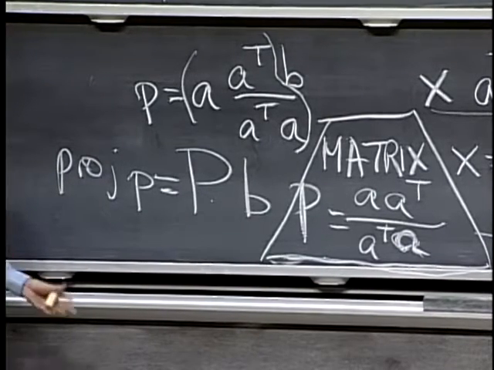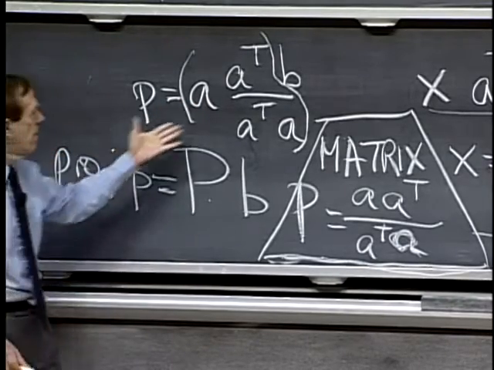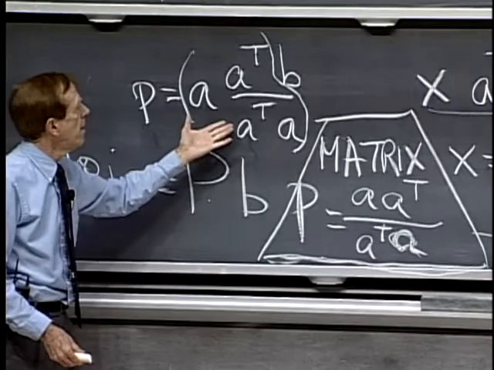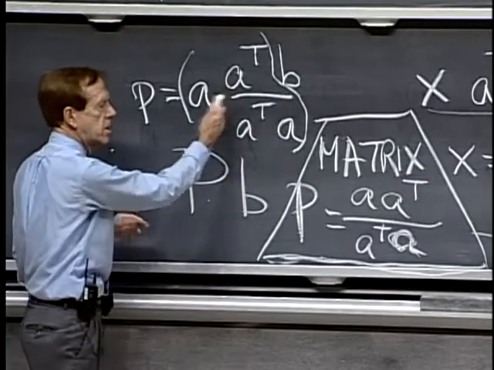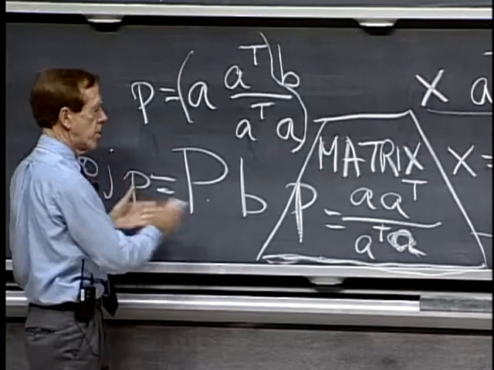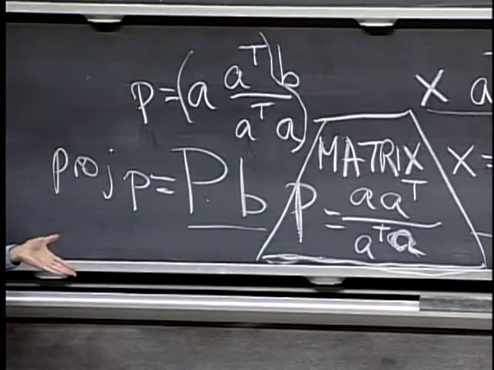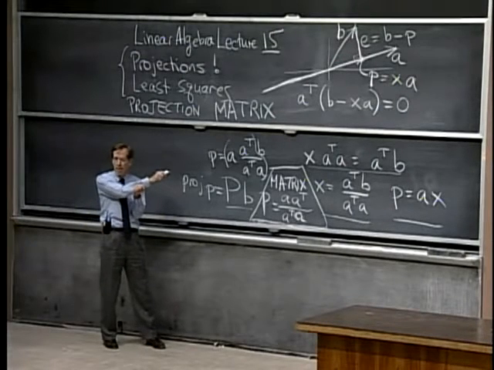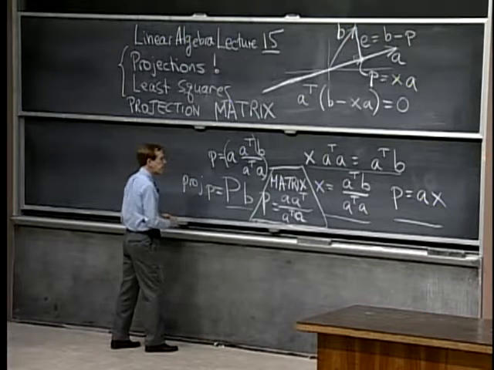Now, what space do we always land in? What's the result when I multiply any vector B by my matrix? So I have P times B. Where am I? I'm on that line, right? So here are facts about this matrix.